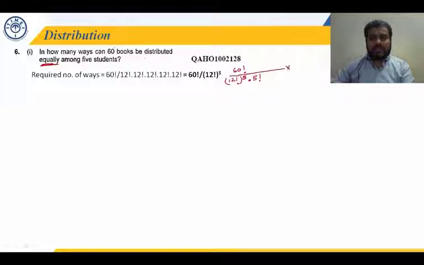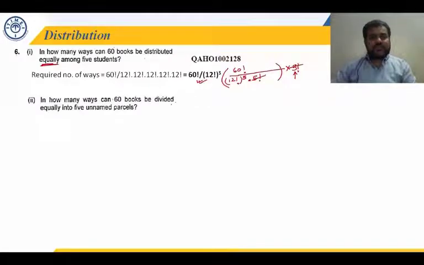And then when you distribute it among 5 students, then into 5 factorial. This 5 factorial is for distribution of parcels and this entire thing is for formation of parcels. So this 5 factorial will cancel out. So you will get the same answer which is written here. Fine.